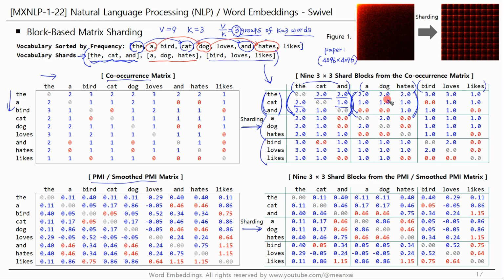And notice something important about the distribution of the co-occurrence counts. The distribution inside each shard is similar to the distribution in the original matrix. In the full co-occurrence matrix, larger counts tend to appear toward the upper left, while smaller counts tend to appear toward the lower right.